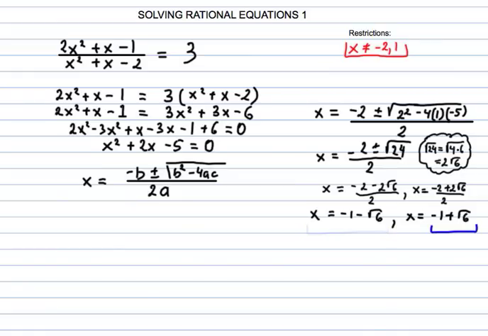These two roots are the solution to that equation. These two roots are not equal to a restricted value, therefore they are well defined, we accept them, we are excited. So this is how we solve this rational equation.